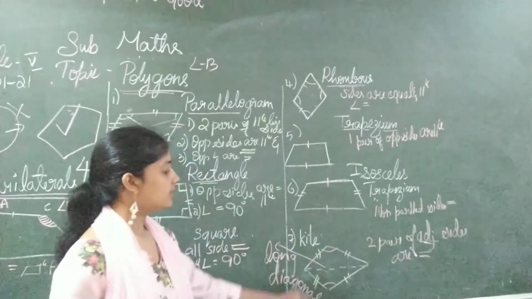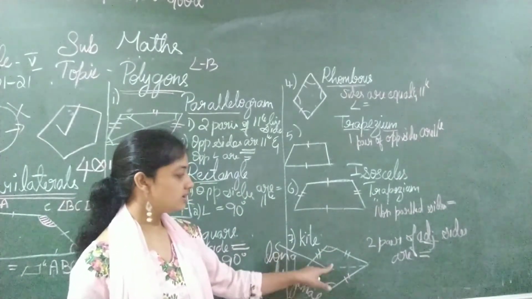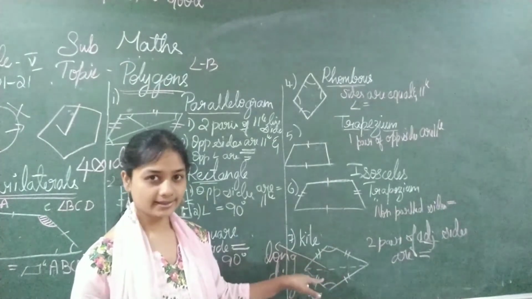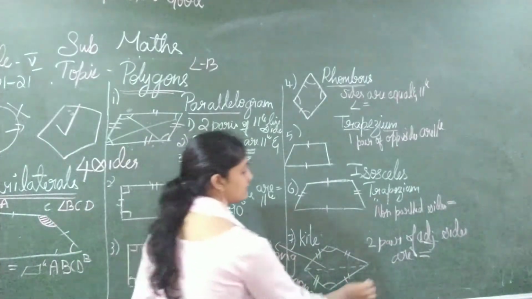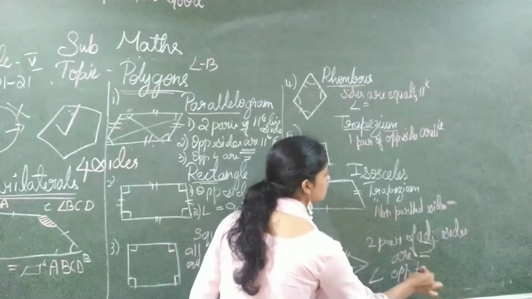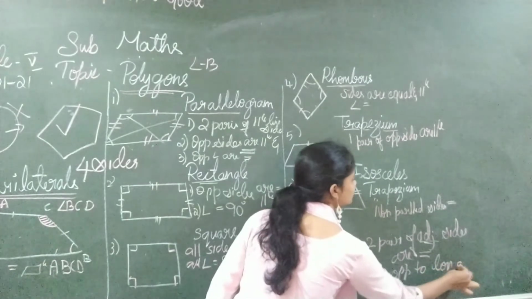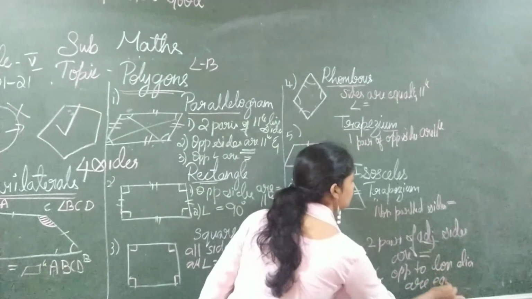So the angles opposite to the long diagonal are equal in the kite. Let me write: angles opposite to long diagonal are equal.